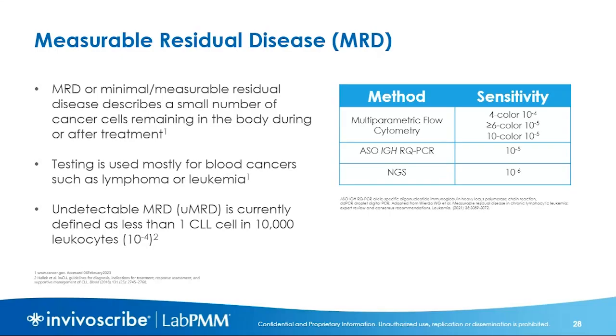Measurable residual disease describes a small number of cancer cells remaining in the body during or after treatment. Testing is used mostly for blood cancers such as lymphoma or leukemia. And there are different cutoffs and different sensitivities depending on if you're using flow cytometry, some form of PCR, like droplet digital PCR being one of the most sensitive methods, or NGS.